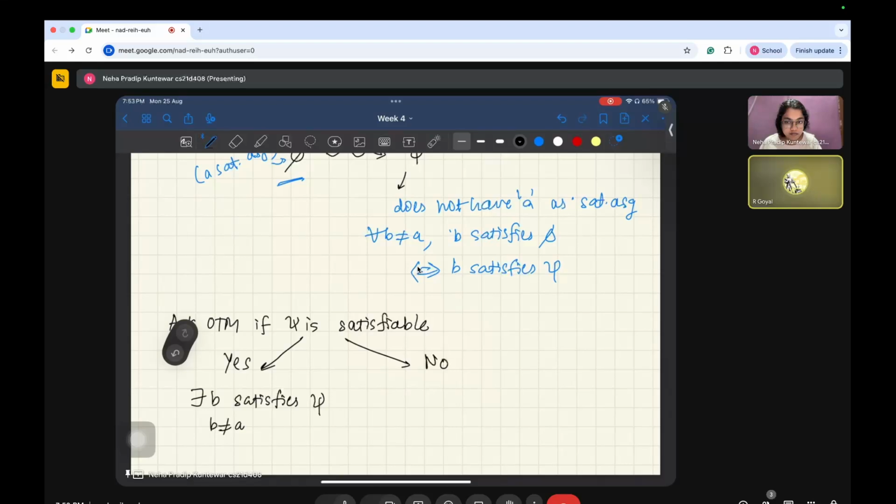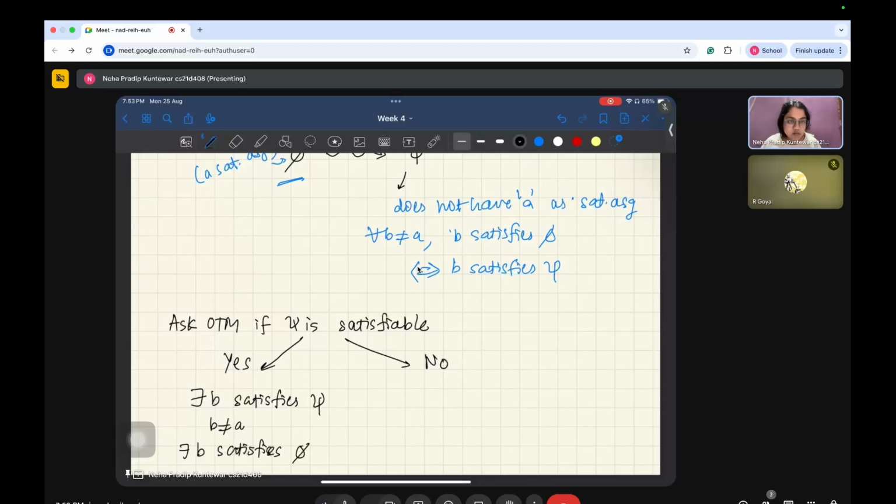But how do we ensure that the yes of the OTM does not include A? Definitely, because we have constructed psi in such a way that A is not satisfying and all other satisfying assignments remain the same. So if the OTM says yes, that assignment should be a B and cannot be A. So phi also has some other assignment, and therefore there exists a B that satisfies phi.